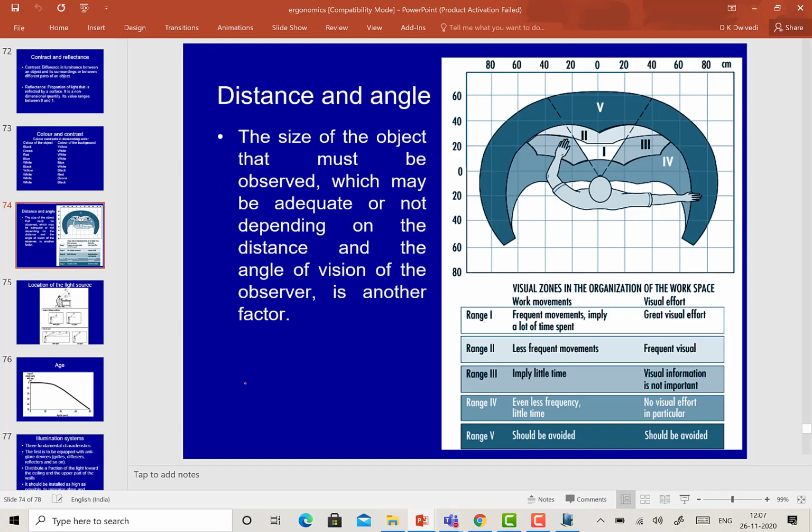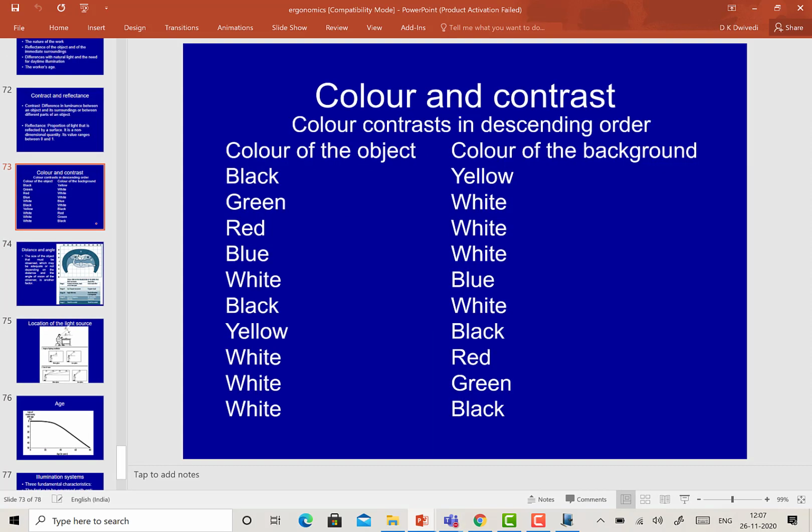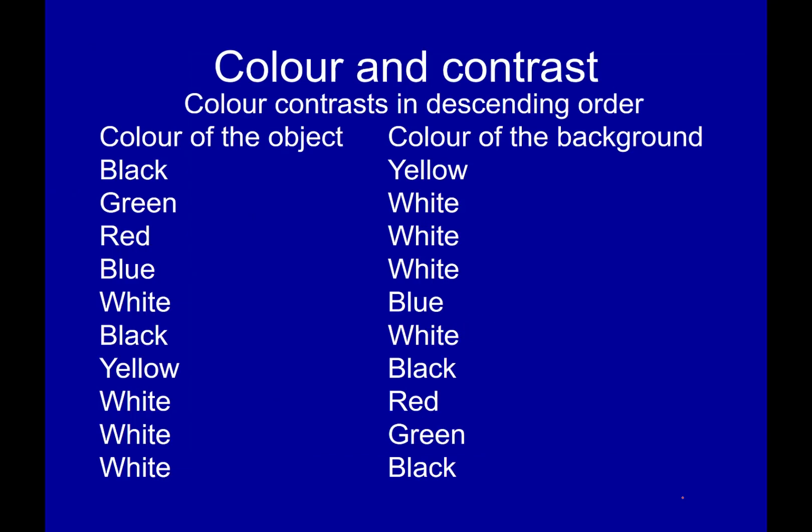Okay. So this is the second thing, where we will see the color of the object and accordingly the choice of a suitable background from the visibility point of view.